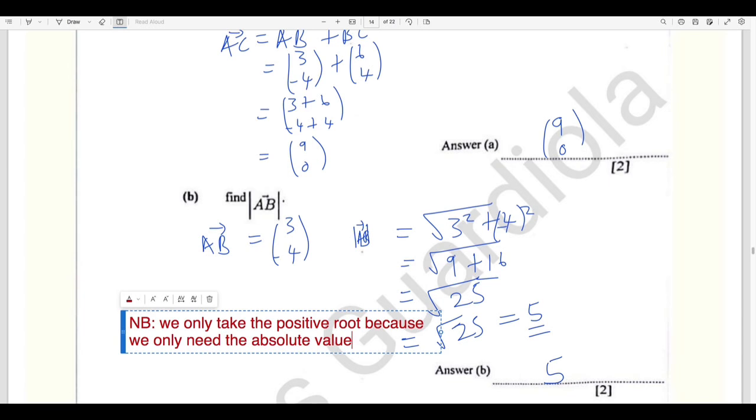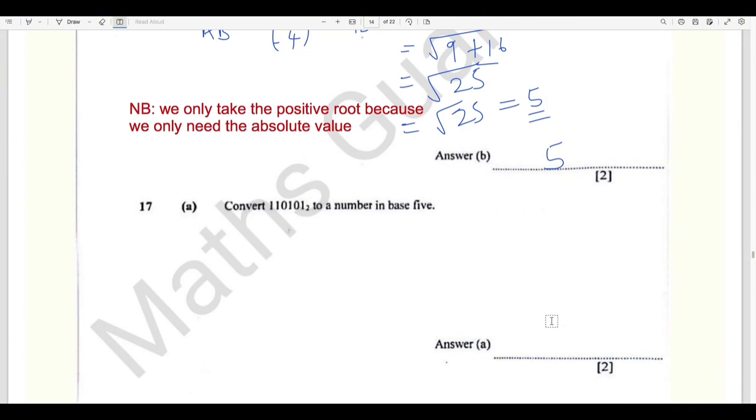Having said this, I think we can move on to the next question, which is question number 17. Question 17A reads: convert 110101 base 2 as a number in base 5.